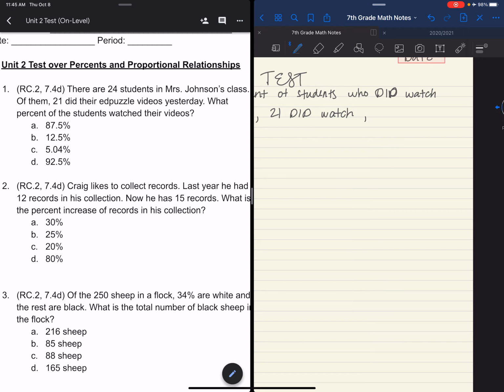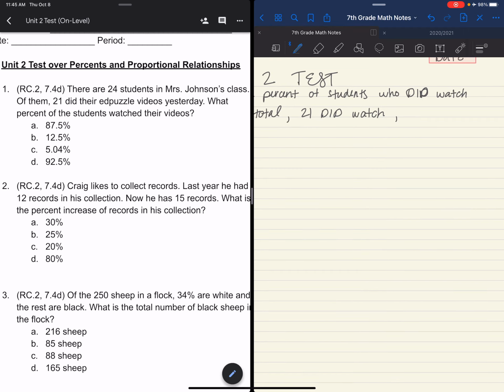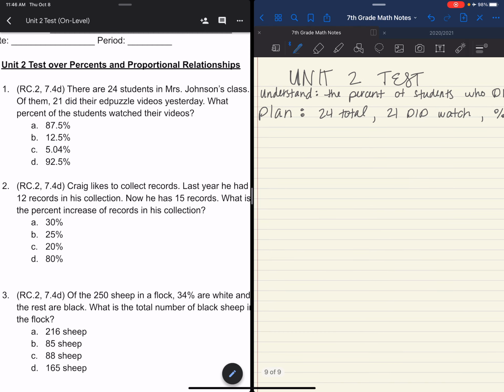And I'm looking for the percent. So I'm just going to write that percent is out of 100. My plan to do this is to set up a 1 box and solve. So S stands for solve.